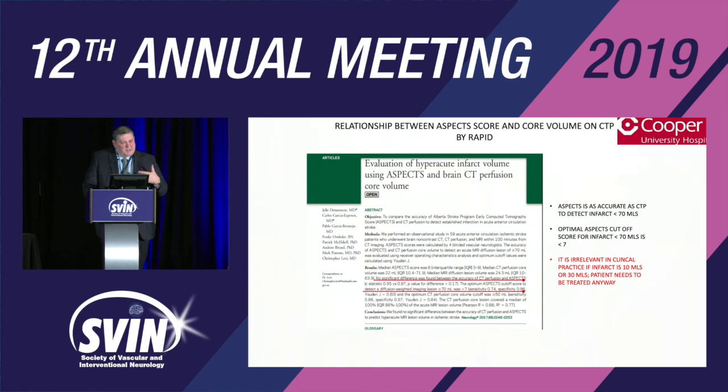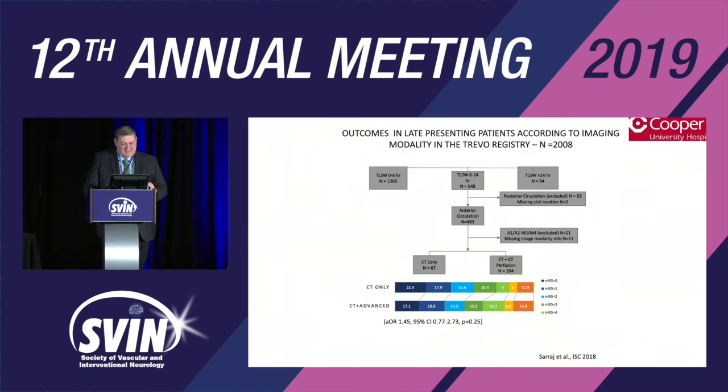So based on several studies, this is a paper from Australia looking at CT perfusion correlation with aspect scores. It seems that when it comes to aspect scores, being able to discern a large infarct, 70 cc's, it's about the same as CT perfusion if you compare it with a gold standard, which is an MRI.